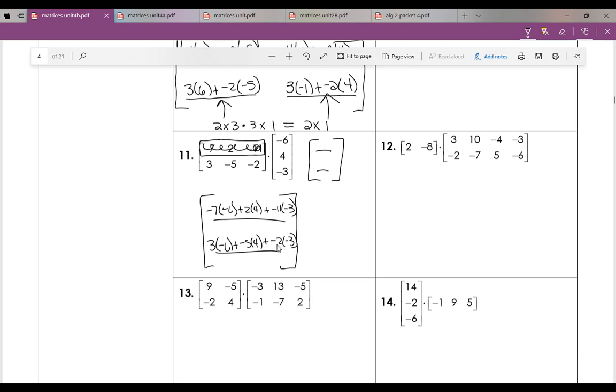The only thing that's different are those front coefficients. So when you do the math across the top, you should get 82. I'm sorry, 83, not 82. My bottom number is a 2. Negative 32 for the bottom number. So that is my 2x1 answer matrix.